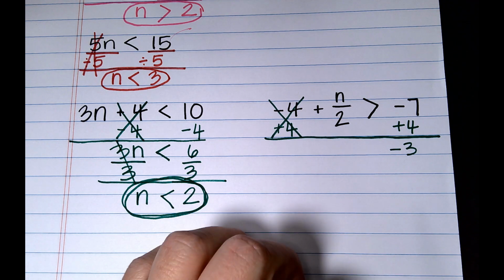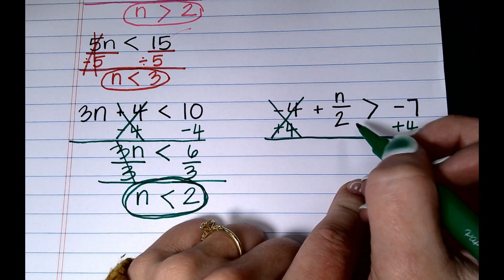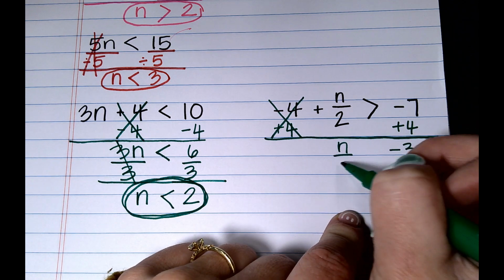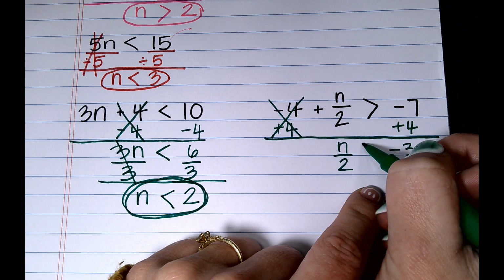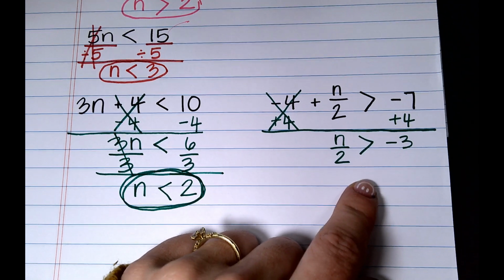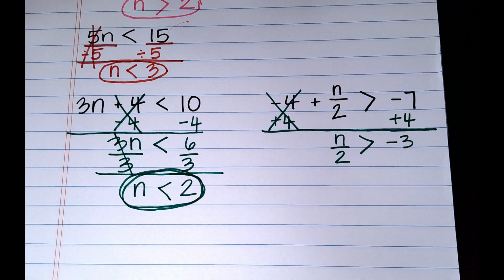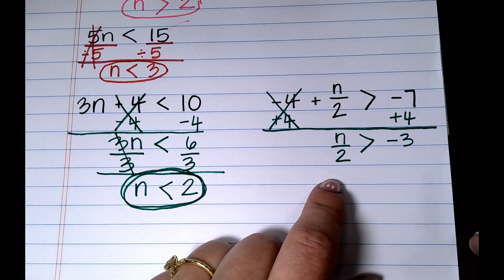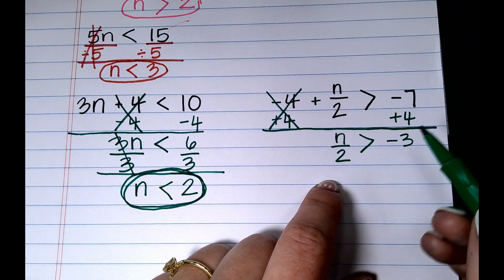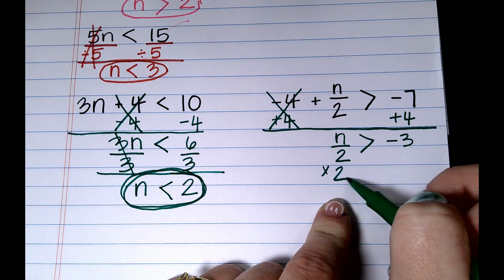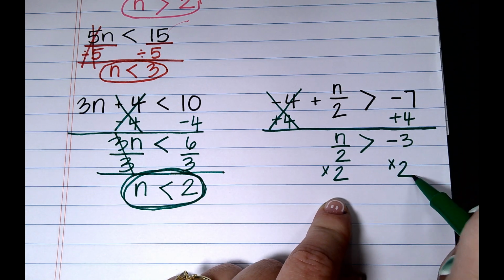Now what? Bring the n over 2 down. Good. Bring down the greater than sign. Now we have n divided by 2, so we will multiply by 2 on both sides.